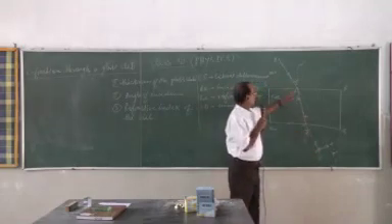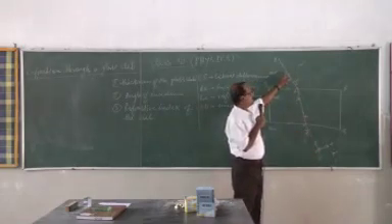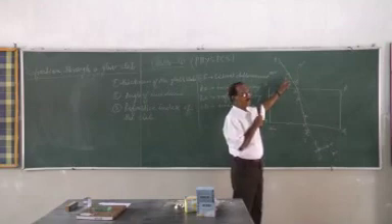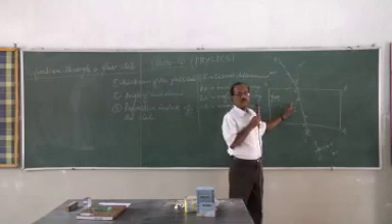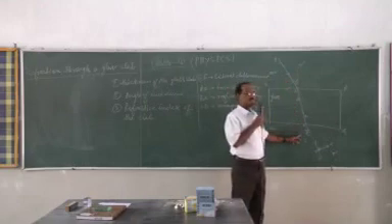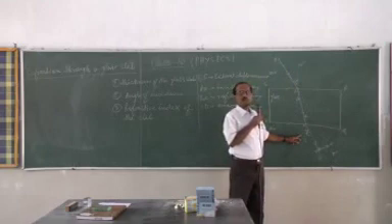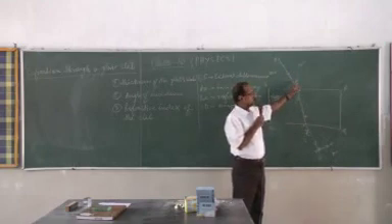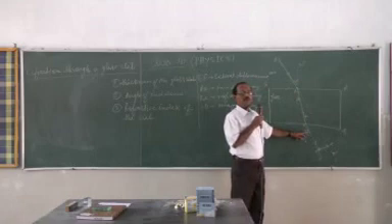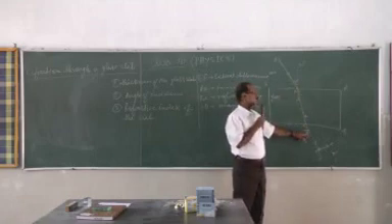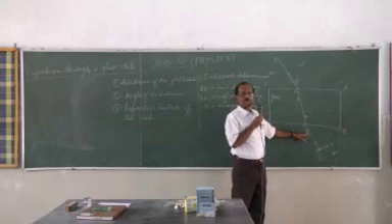And if a ray of light starts from air, goes inside glass, and again emerges out in the air, then these two angles will be equal. That is, angle I will be equal to angle E, the emergent angle.